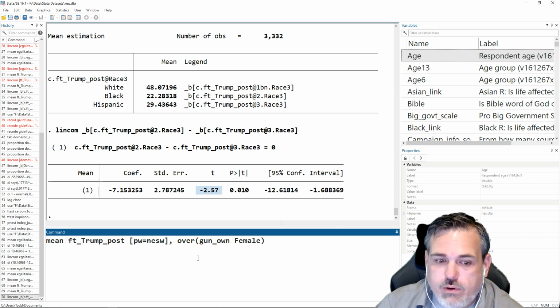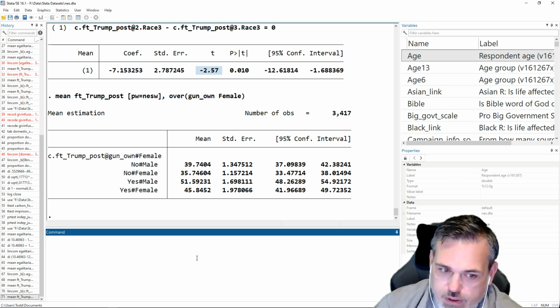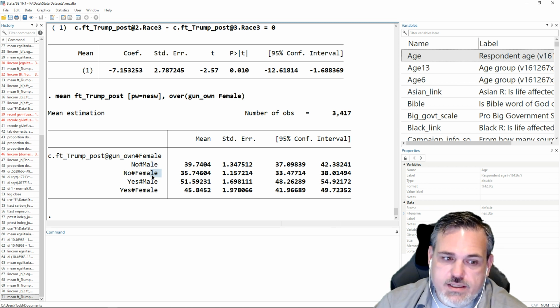Now this output will look a little different from what the book has, but it's the same exact output. So this was a male who does not own guns, this is a female who does not own guns, a male who owns guns, and a female who owns guns. And we're simply looking at the differences in the means.